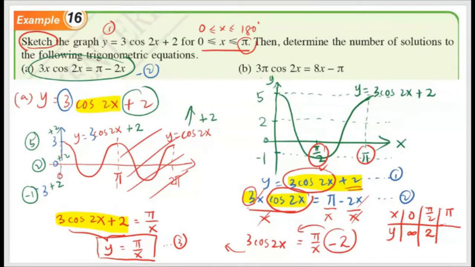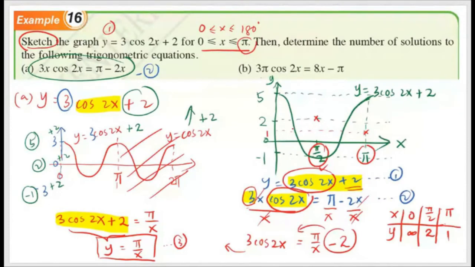Another one, pi over pi, is 1. So you get two coordinates. One coordinate is pi over 2, 2. Another one is pi, 1.